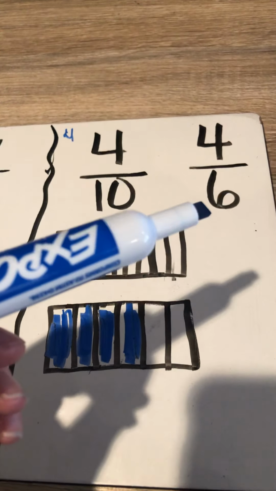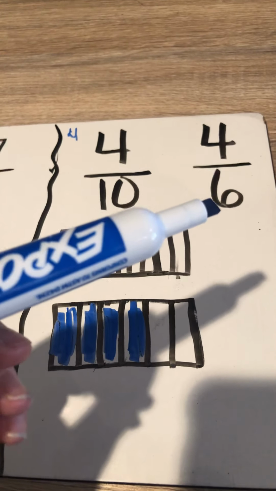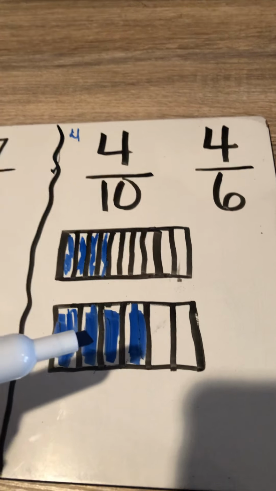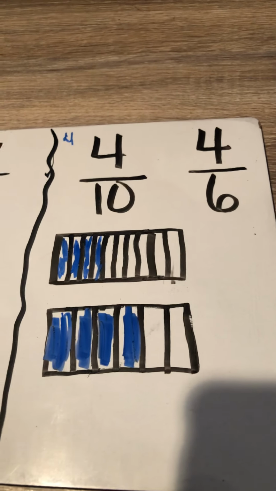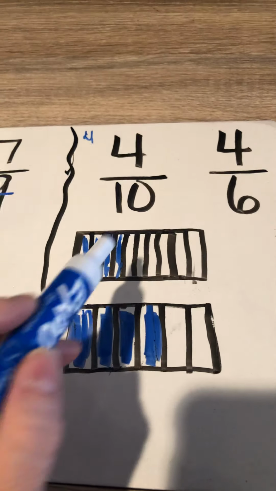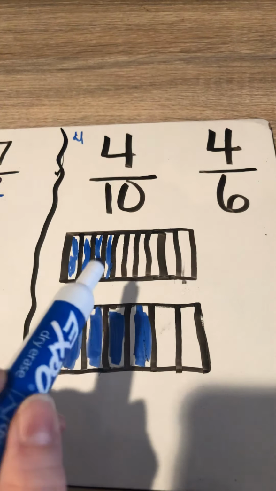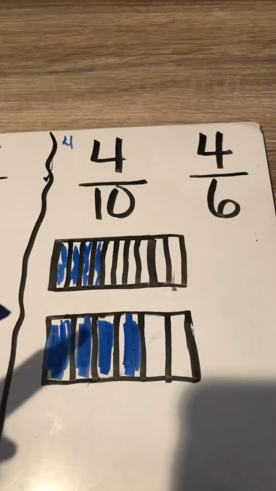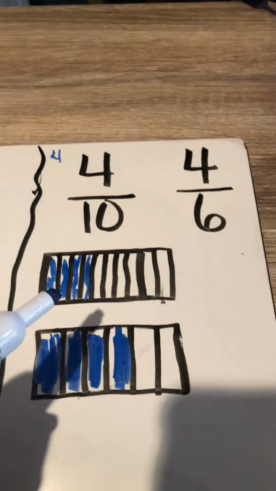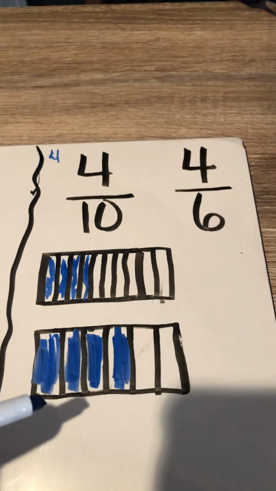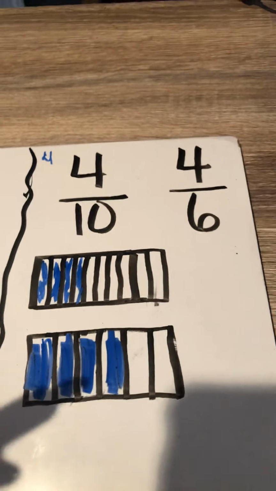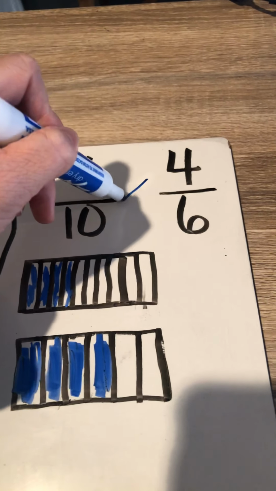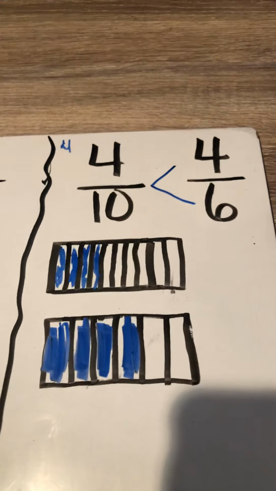The smaller denominator is going to be larger because look at this, we have larger pieces whenever we cut them into smaller amounts. The larger the denominator, the more pieces we have to have here. So we have smaller pieces. So if you have 4 smaller pieces versus 4 larger pieces when we only divide it into 6 pieces, 4/10 is less than 4/6.